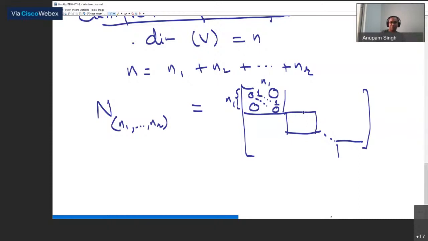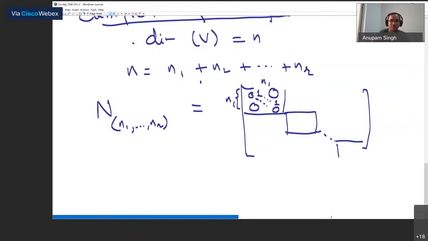I will explain this in a while. What do I mean by saying that there is one vector for n1, one vector for n2, and one vector for nr? These are what are called cyclic vectors, and they will give rise to these blocks. Okay, so I'll explain that. I will also point out that here n1, n2, nr, they need not be distinct.